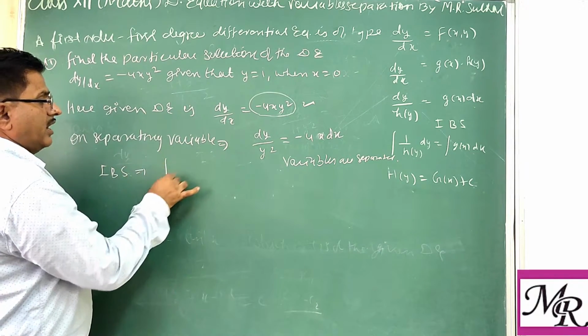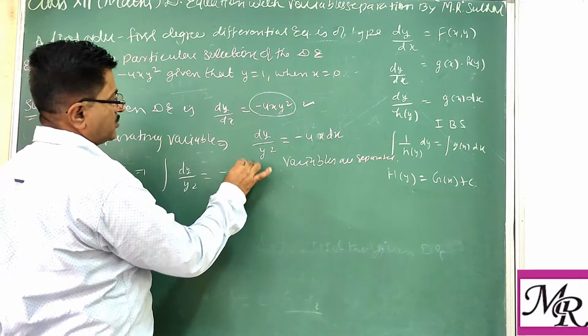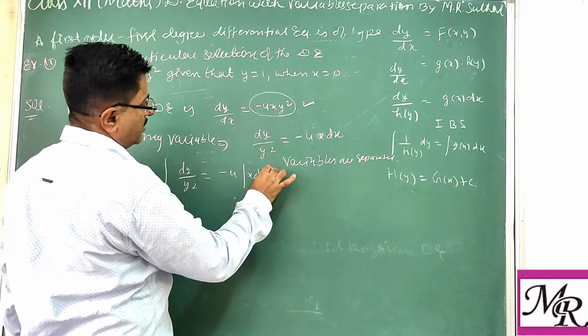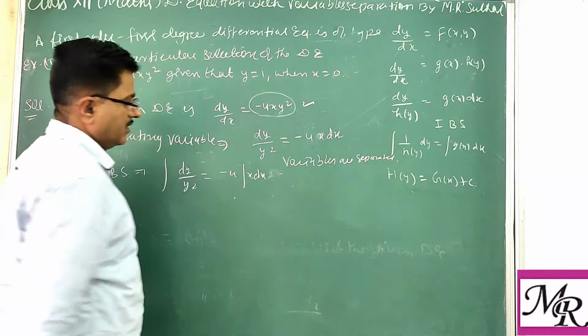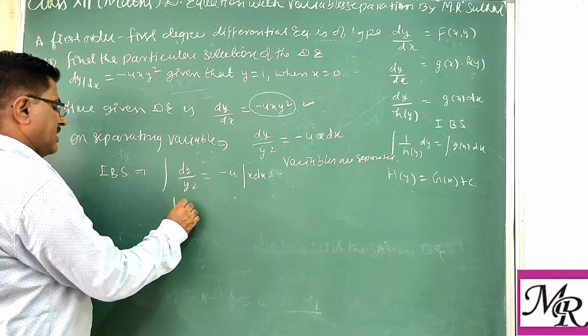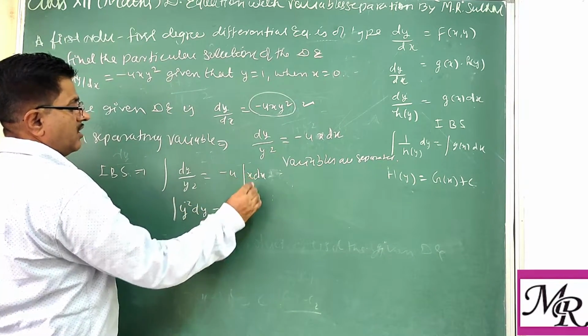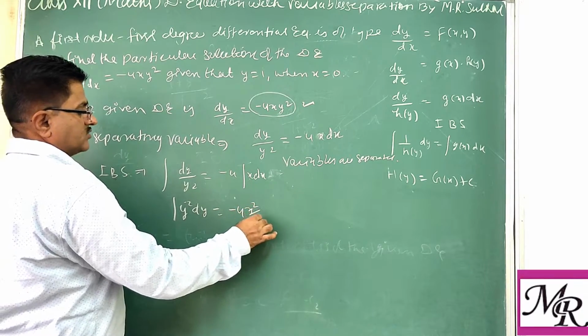Now integrating on both sides, integration of dy upon y square equals minus 4 times integration of x dx, since the constant is taken outside the integral. Now you know how to integrate this. Y square in the denominator can be written as y power minus 2 dy, and the integration of x is x square by 2.